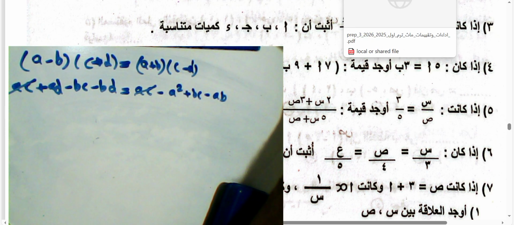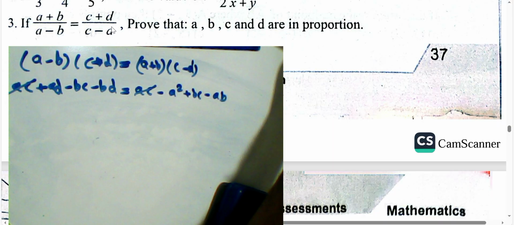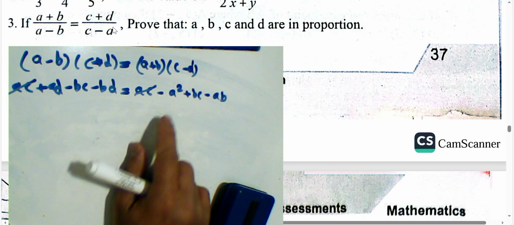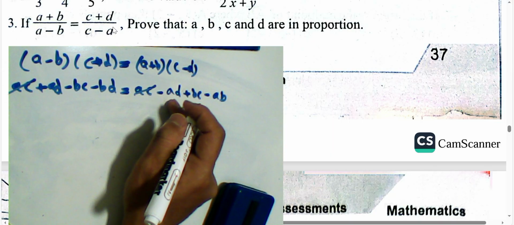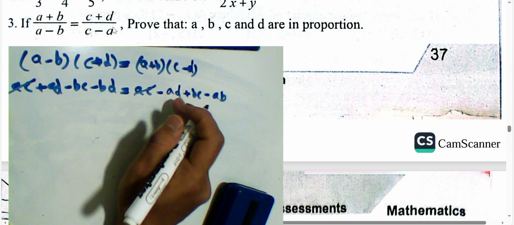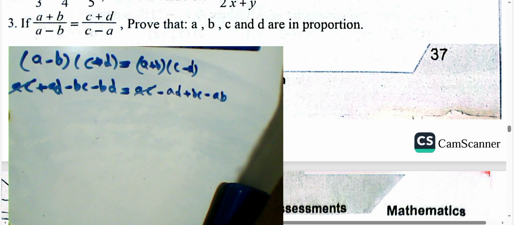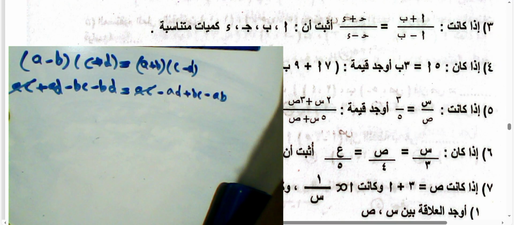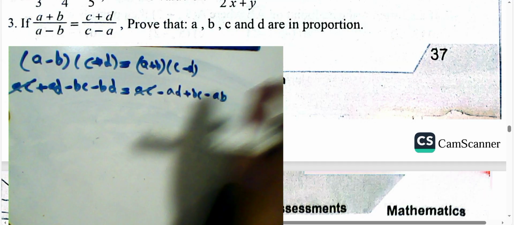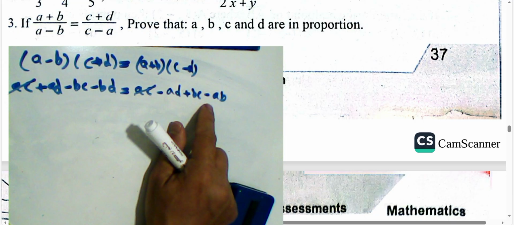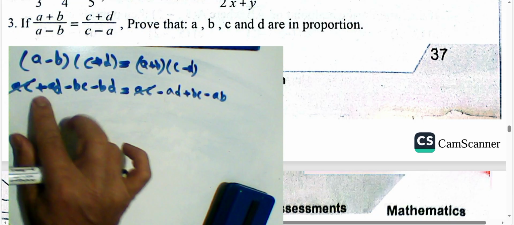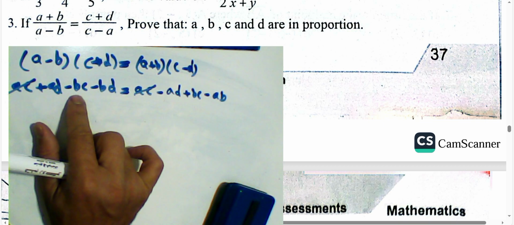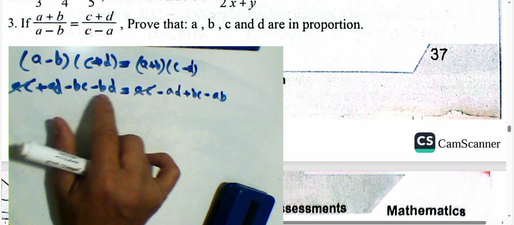Write this D. Okay, and correct. A times D, it will be AD. Negative AD cancel. We have AD, and here AD positive, and BC and BD.